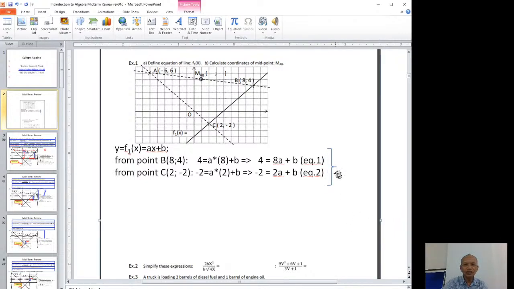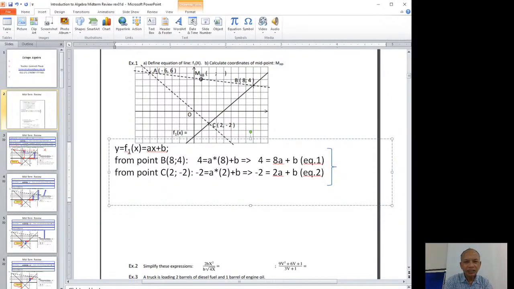From these two equations, we start to solve. So from the first equation, we get b equal, no, we rewrite again. 4 equals 8a plus b, so 4 minus 8a equals b.